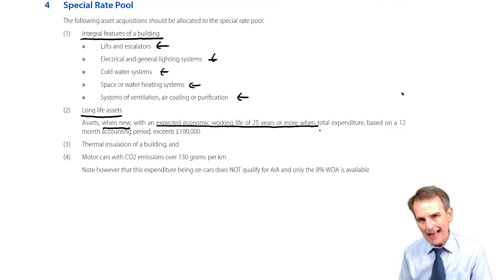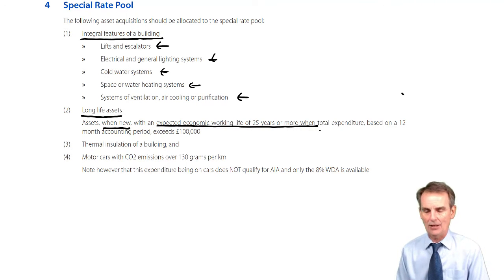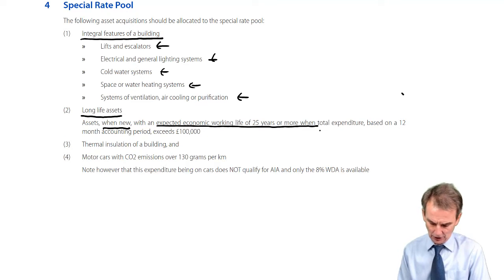Although we may have such an item purchased within the period, you're told that this asset purchased, when new, had an estimated life of 30 years. That therefore means 25 years or more, and on that basis will be special rate pool expenditure.